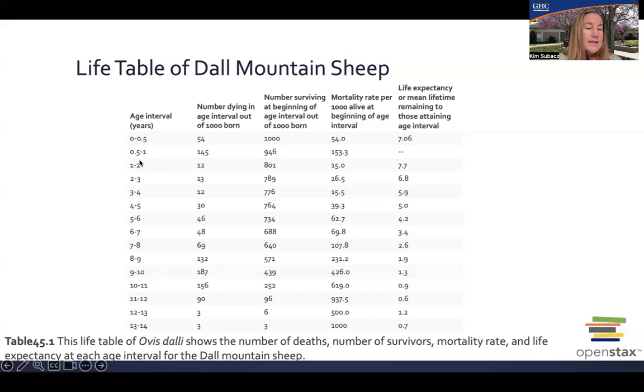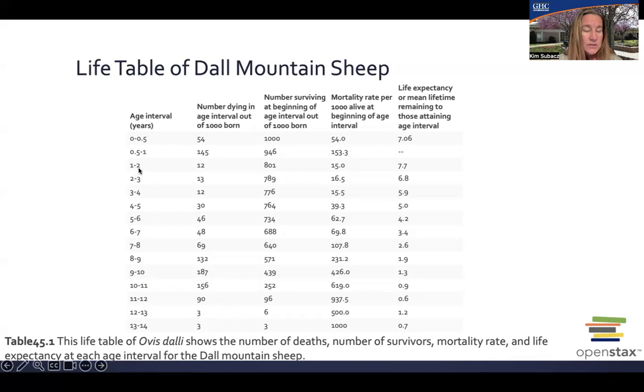In the 6 months to 1 year, you can see that was pretty much one of the hardest times for these little baby sheep, because 145 of the little babies died, and that left us with 946 out of the original 1,000 at the end of 1 year. The mortality rate there was 153 out of 1,000.